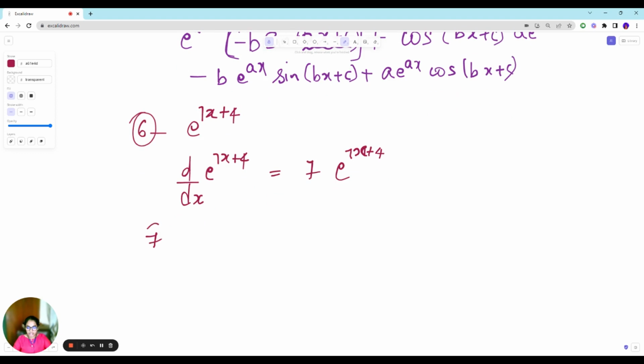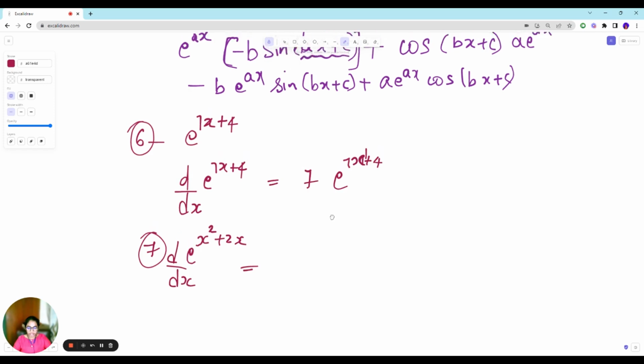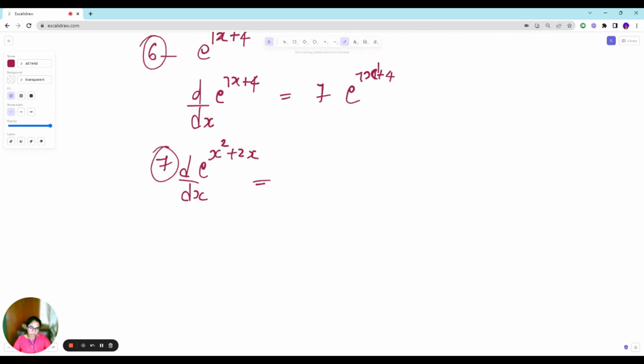Okay, and the seventh one, they are telling us find the derivative of e power x square plus 2x. This is equal to, here I had only x to the power 1, correct? Here I have x square plus 2x.